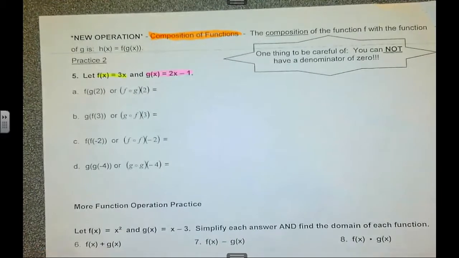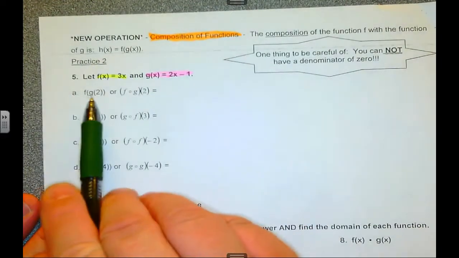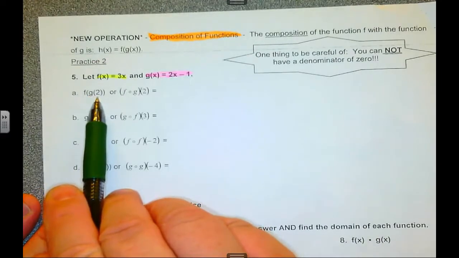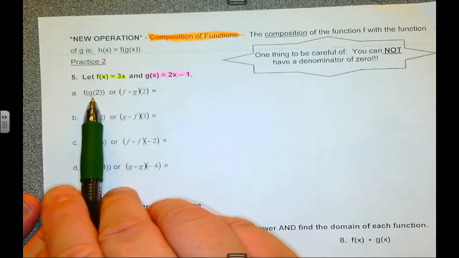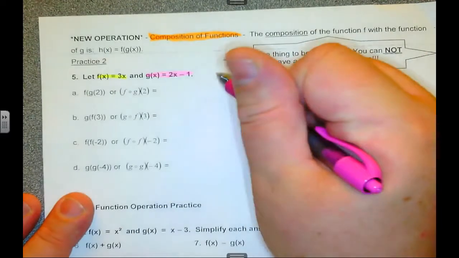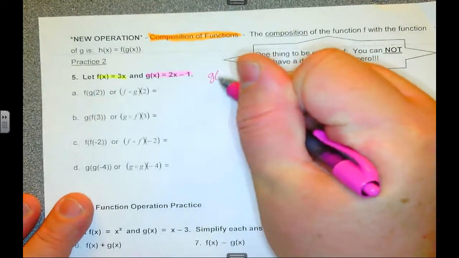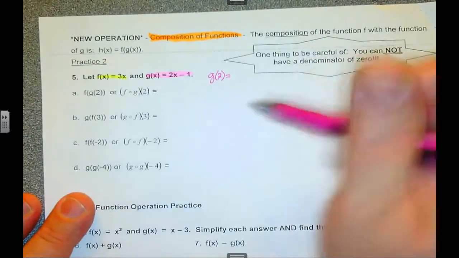Okay, so what this means is you're going to start in the middle, innermost parentheses. It's just like a regular PEMDAS problem. So I'm going to start with what's in the innermost parentheses. So I need to find the g of 2. The g of 2 means that wherever there's an x, I'm going to put a 2.